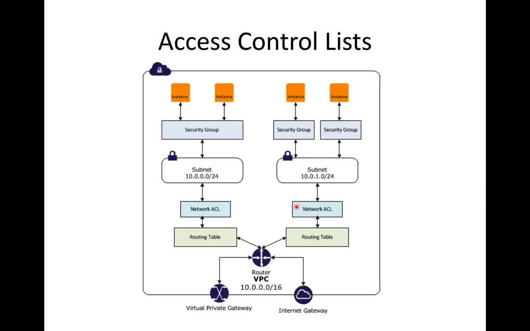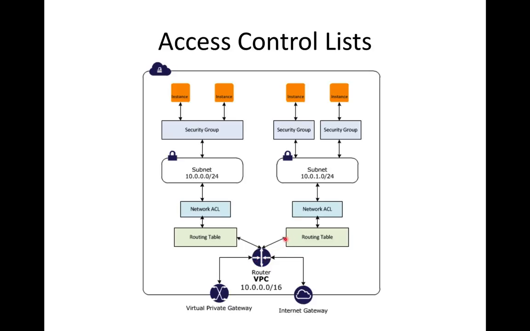I know this concept can be a little bit confusing, and so hopefully this diagram will help a little bit. We can look at and see how traffic flows through a VPC and when this traffic encounters the access control list and security group rules. So if the traffic is originating on the internet, the traffic is coming through the internet gateway, and it's going through what's called the VPC router.